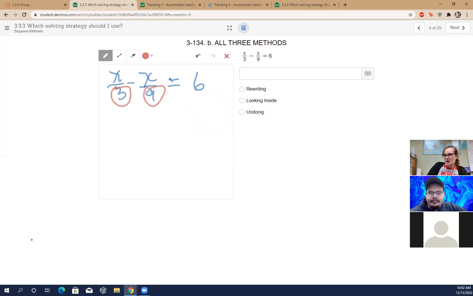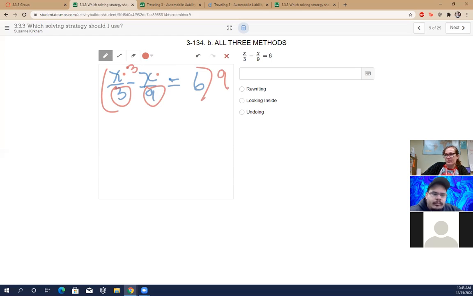3 times 3 is 9 and 9 times 1 is 9. Okay, so the first one, it has a 3 on the bottom. So we need to just multiply the top by 3. The second one, we have a 9 on the bottom, so we don't have to do anything with the x.